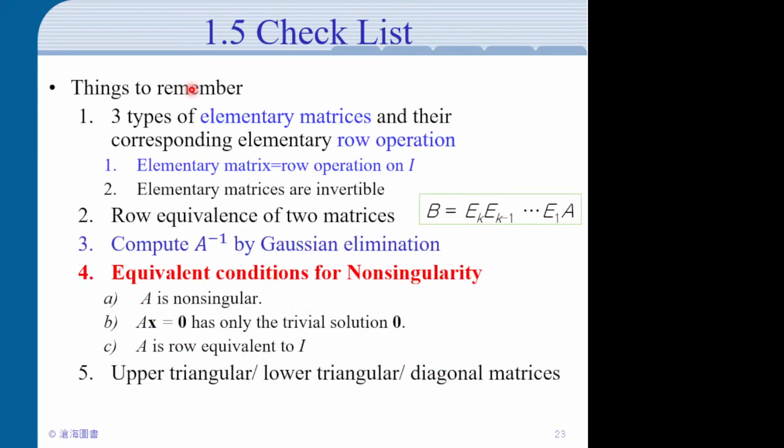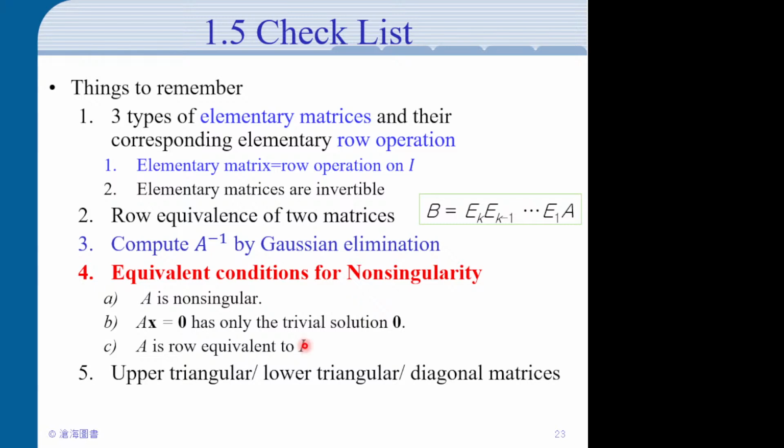But later we can see that since it's n by n, it's a special case. In chapter 3, we see that there is a set of equivalent conditions. A is non-singular also if and only if it is row equivalent to the identity matrix.